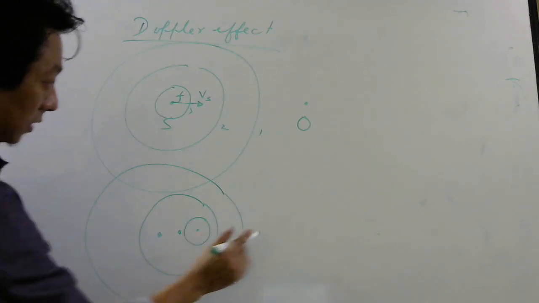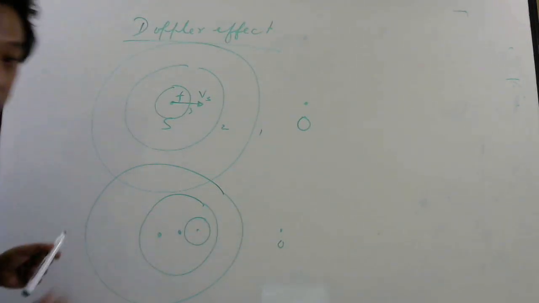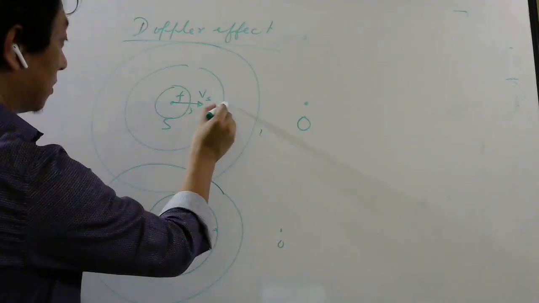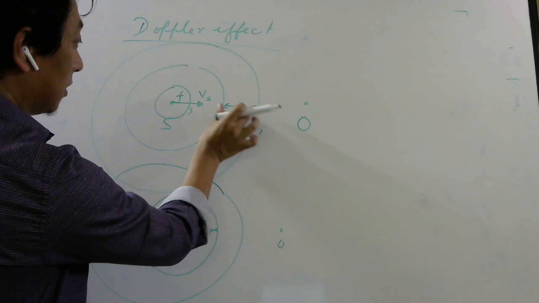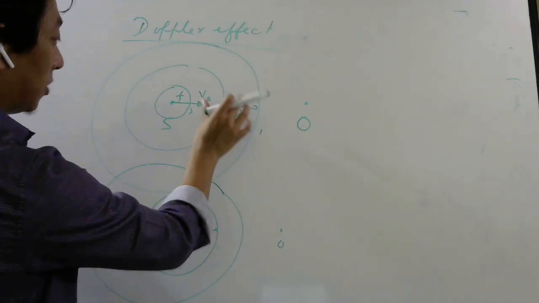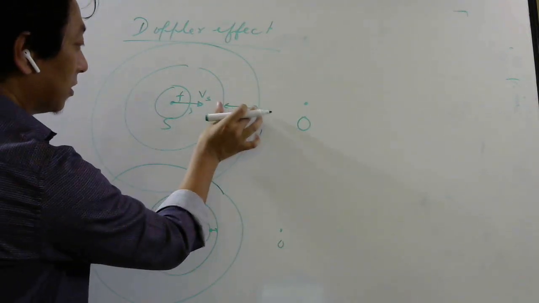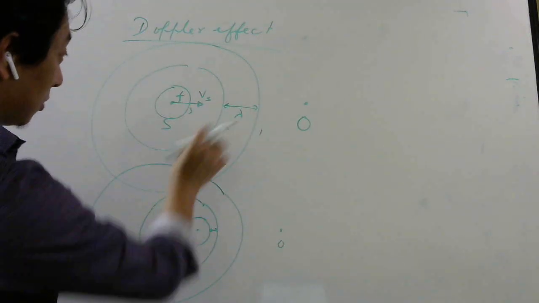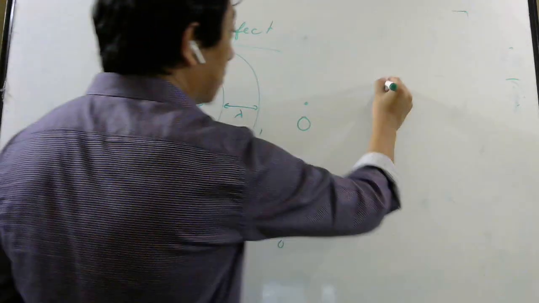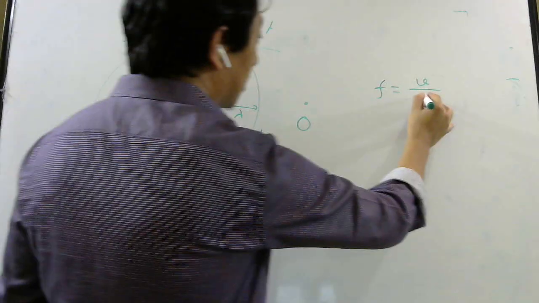So you can see for this observer now, the waves are in a way getting compressed. Since the waves are getting compressed, the wavelength, which is distance between two consecutive points in the wave which are in same phase, or directly you can say the distance between two consecutive crests, has now decreased. And you know frequency is velocity of the sound as heard by the observer divided by wavelength.